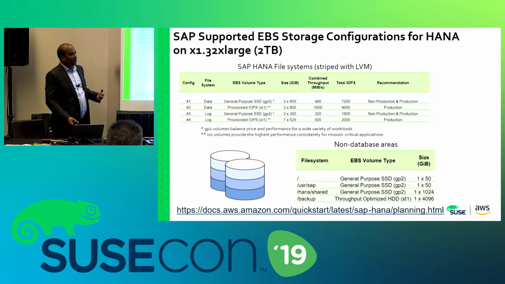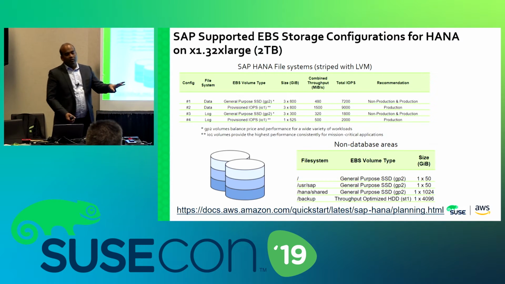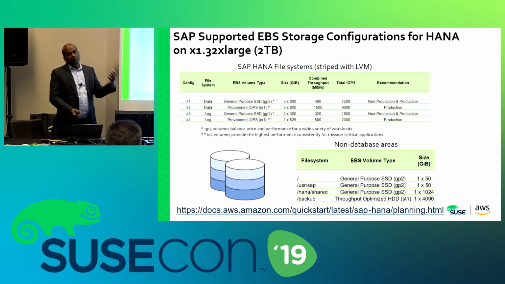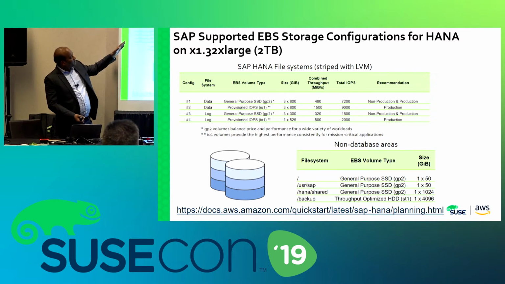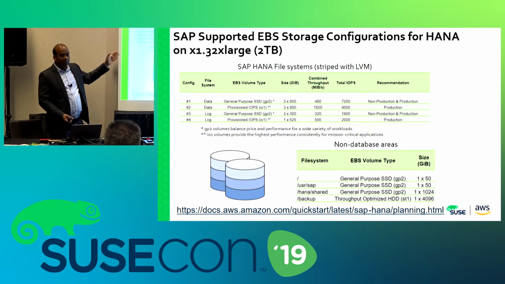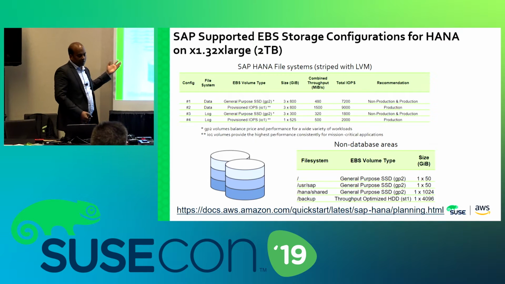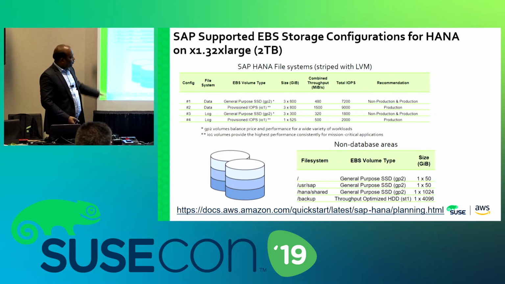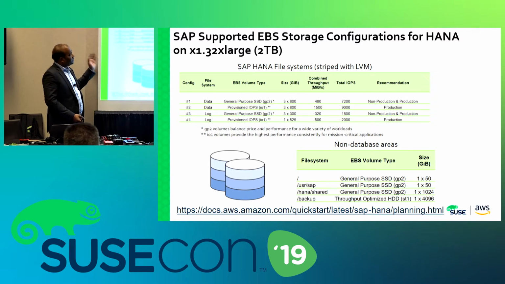Because what we're doing in the backend is based on our certification experience and what we have worked out with SAP. We know that if you have a 2 terabyte HANA system, this is the minimum storage requirement that you need to meet SAP's benchmarking process. If you go to our website, for each and every instance you can see the volumes that we are provisioning.